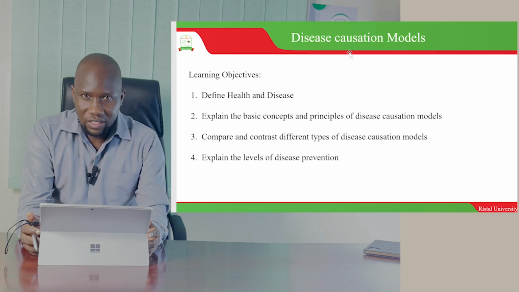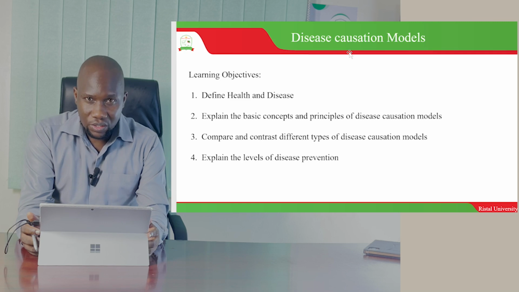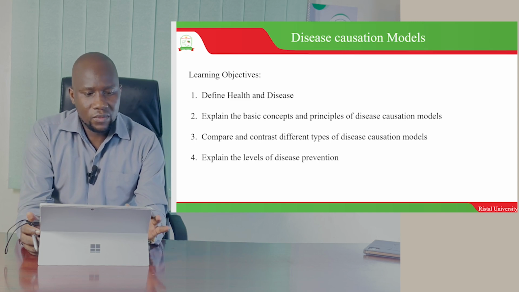That is our interest in this discussion. So we shall talk about the concept of diseases and disease causation models, and how we can really apply them in the prevention of diseases.